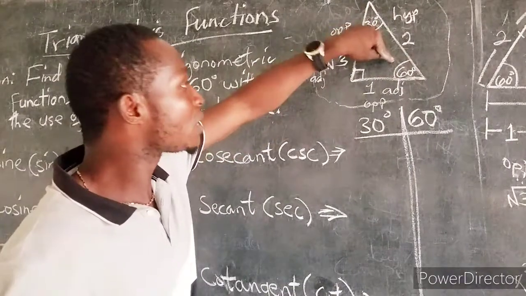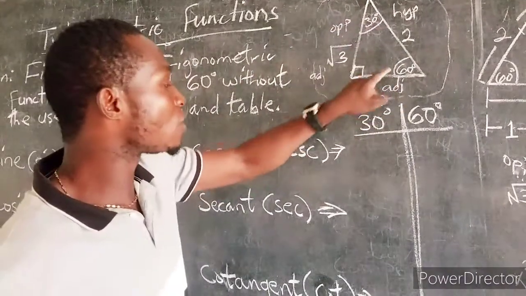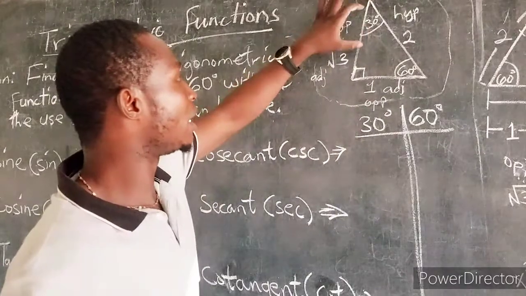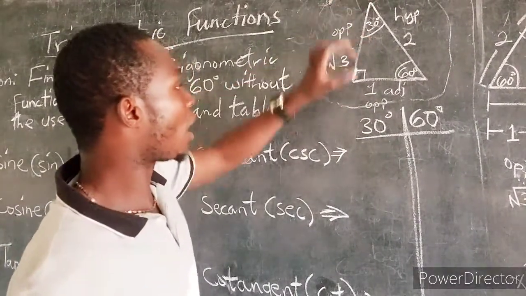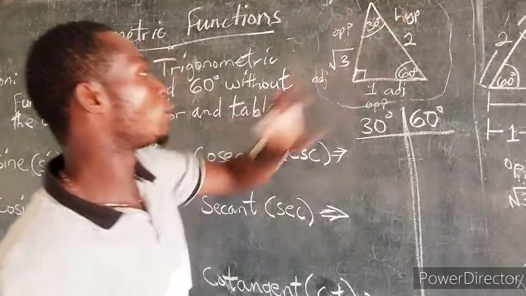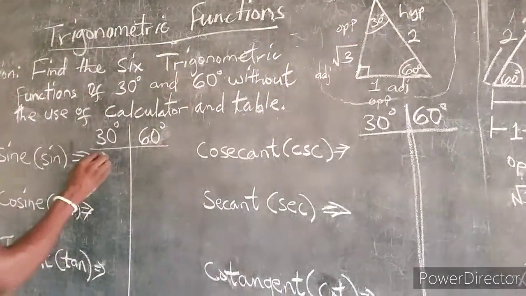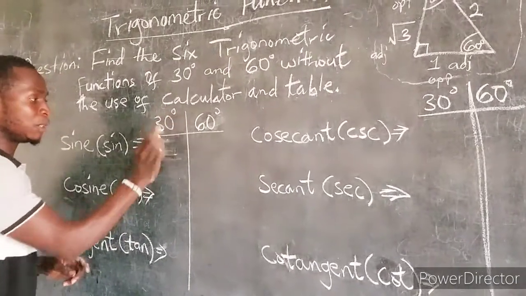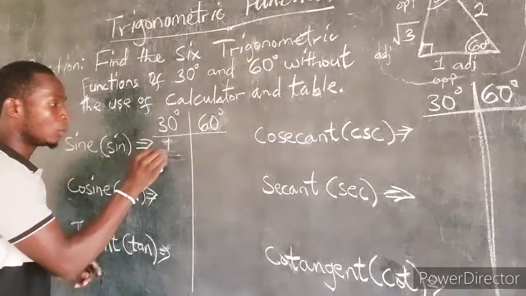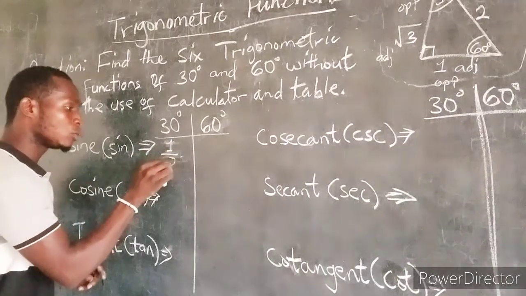Then for 60, the length that is touching 60 will be the adjacent. For 30, the length that is touching 30 will be the adjacent. So for sine 30 degrees, we have the opposite side over the hypotenuse. So that would be positive 1 over 2. This would be 1 over 2.